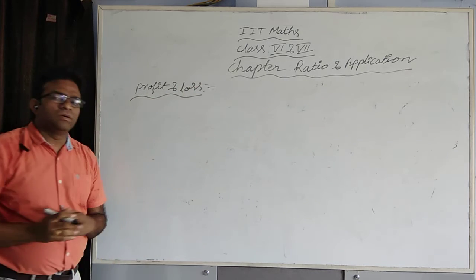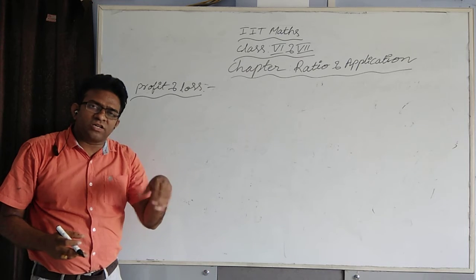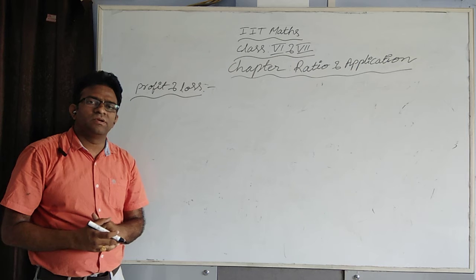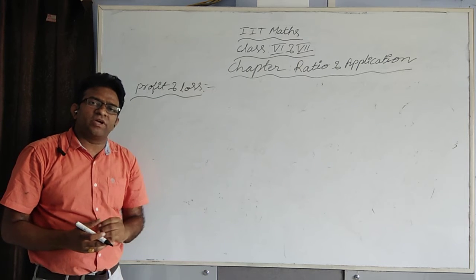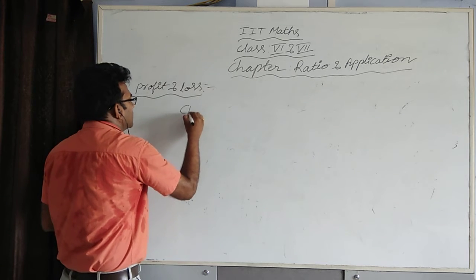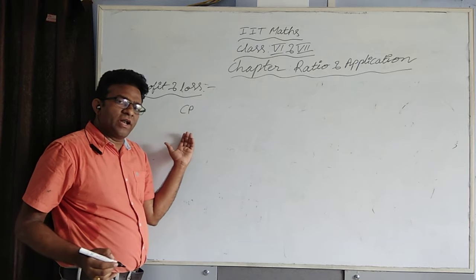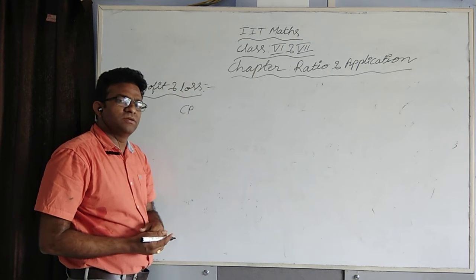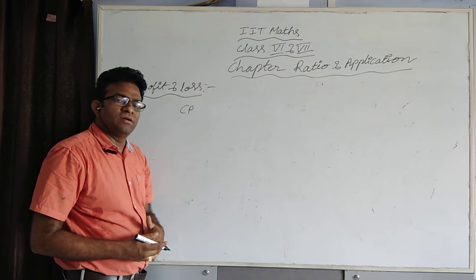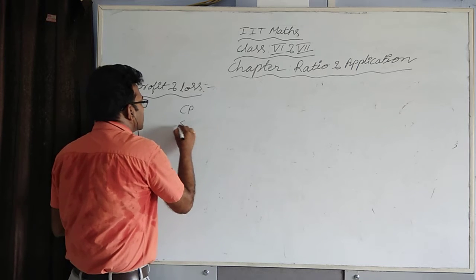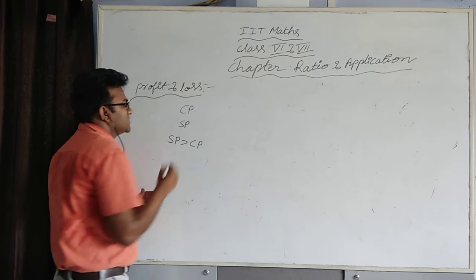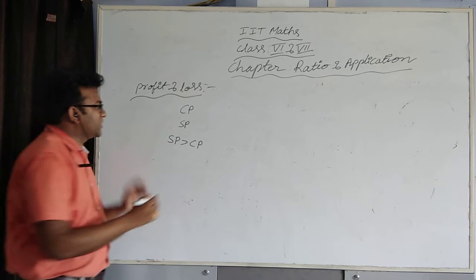Profit. Okay. So by selling an article we are getting the selling price. By buying an article we are getting the cost price. Okay. Buying an article or purchasing some articles is nothing but cost price. Selling an article is nothing but selling price. If selling price is greater than cost price, then we will get profit.